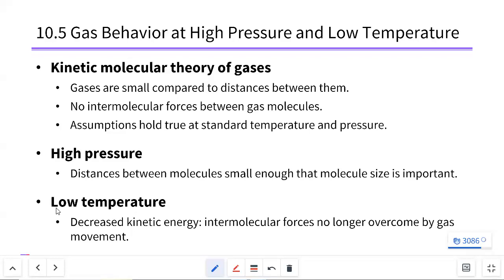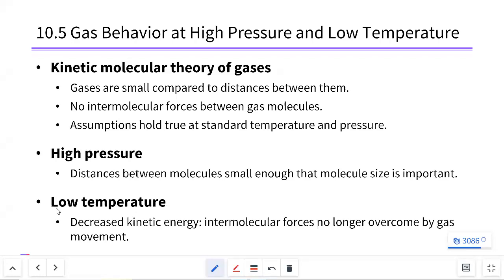The other scenario that can be potentially dangerous for us is what if we're at low temperature? Well, if we're at low temperature, that means the energy of the molecules themselves, how quickly they move, isn't as quick as it used to be. One of the ideas that was separating intermolecular forces from existing is the fact that the molecules were moving so fast, they don't have time to interact with each other.